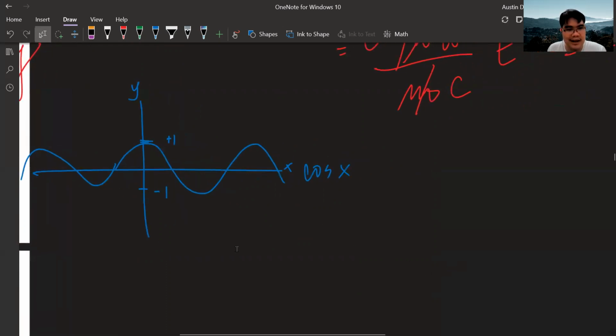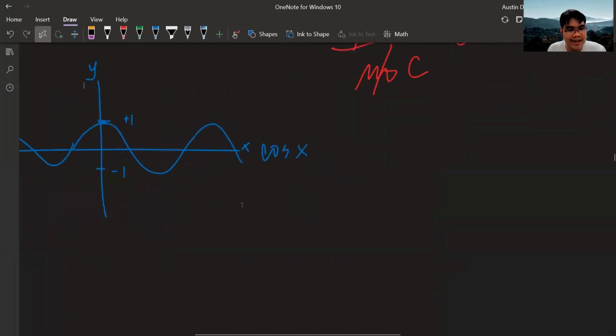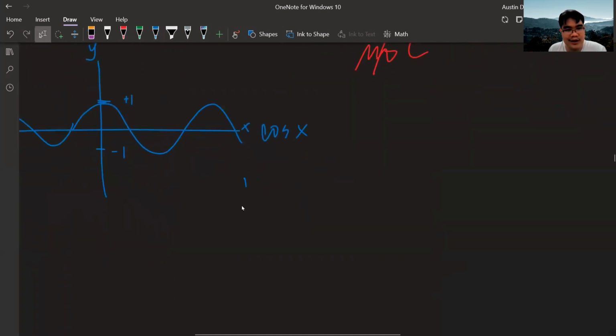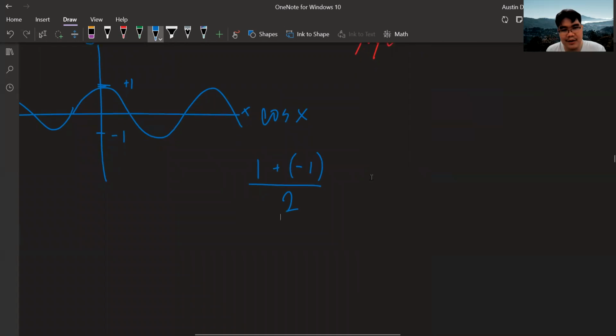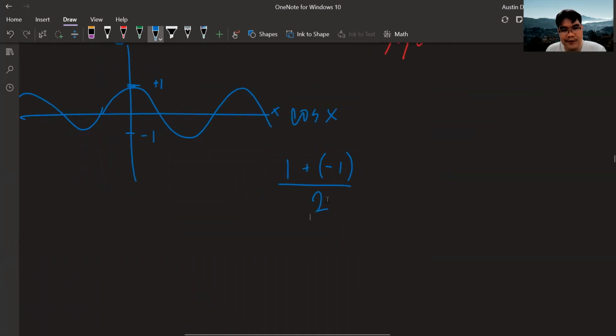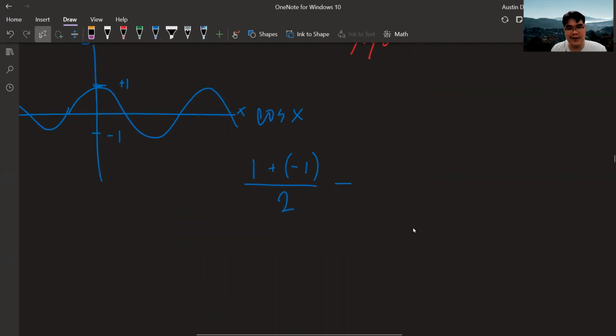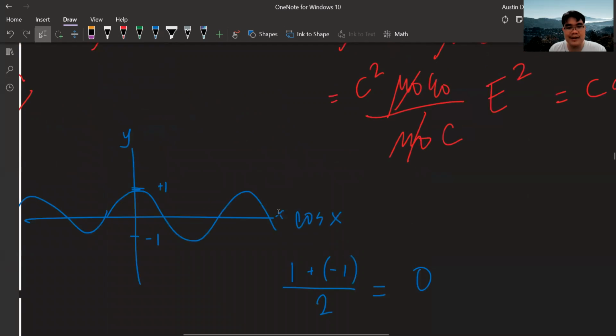So, ang average nito would be 1 plus negative 1 over 2. Okay, this is for cosine only, no? Ito ay intuitive way of thinking lang. So, this is just 0. So, ang time average ng cosine would be 0.